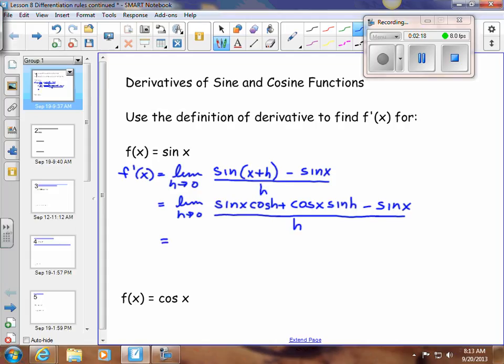At this point, I'm going to rearrange the terms to make it easier to understand the factoring that will take place in the following step. So I have the first term, and then I'm going to put the minus sine of x next, and then bring down cosine x sine h.